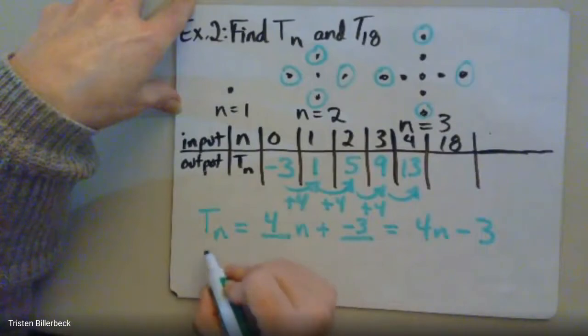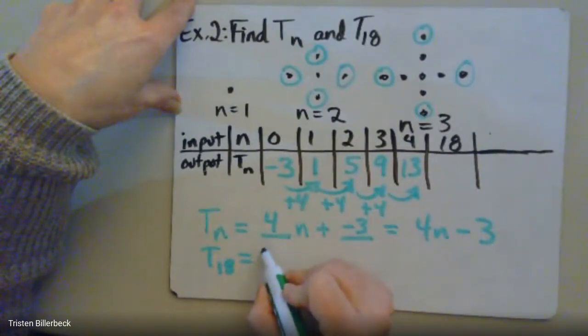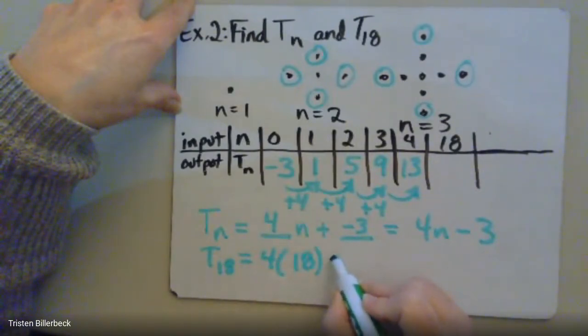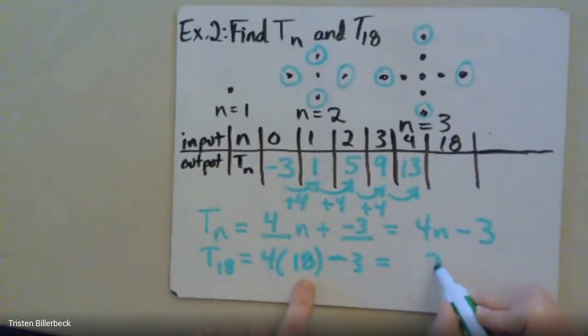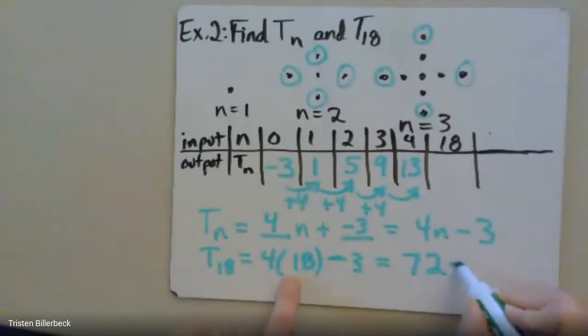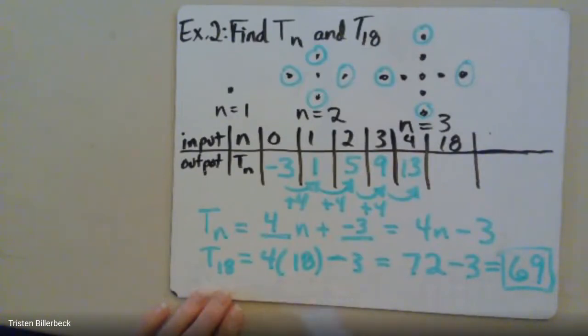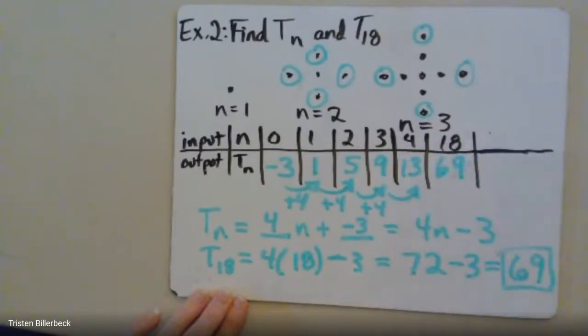So to predict what t sub 18, the 18th term, would be, we'd have 4 times 18 minus 3, and 4 times 18 is 72, minus 3 gives us 69. All right, so the 18th term, we can write that right here.